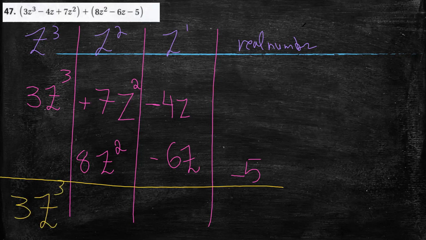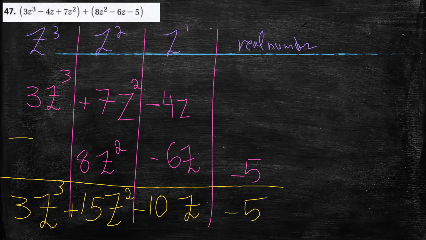The same, yes. Then z squared and z squared, keep it as z squared, and 7 plus 8 is 15, so 15z squared. Then minus 4 minus 6 is negative 10. And negative 5. Now the answer. Is it clear?